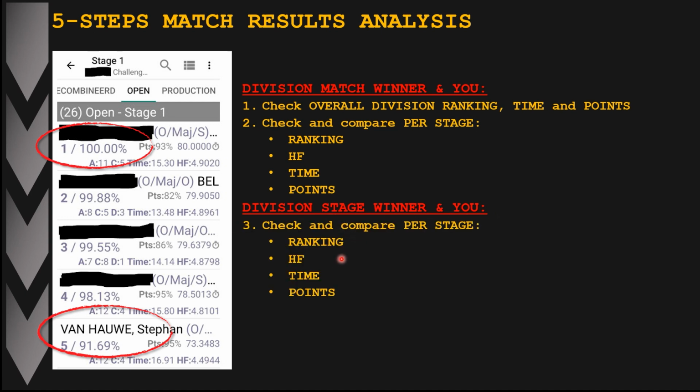Here we do the same thing. We check and compare per stage what the ranking is. You'll see again in the Practice Score competitor app, it's much easier. You can see where you position yourself in relationship to the stage winner, second, third, fourth, and so forth, and also what the percentage and difference is between the division stage winner and yourself, and also where the division match winner fits in.